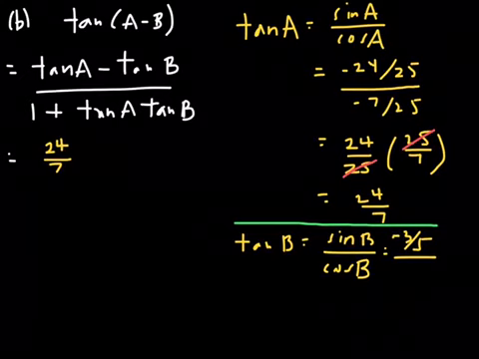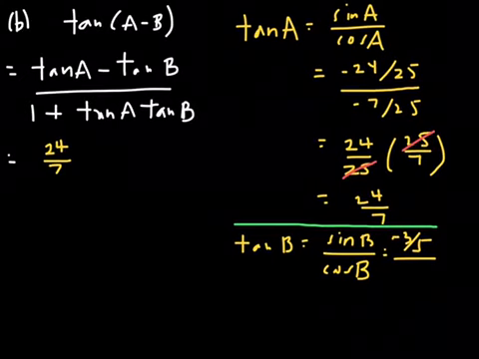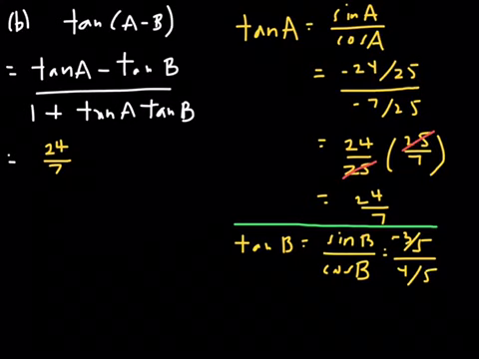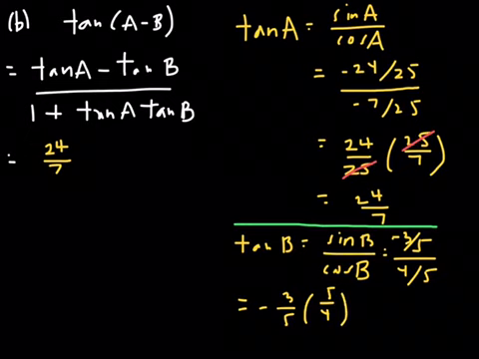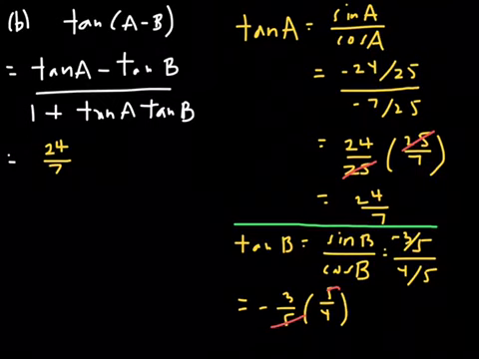And cosine of B, we derived it. You can scroll back up if you'd like, but you're going to find that it's positive 4/5. Okay, so doing this arithmetic, tangent of B is equal to a negative number, and it is 3/5 times 5/4. These 5s divide out, leaving you with negative 3/4.